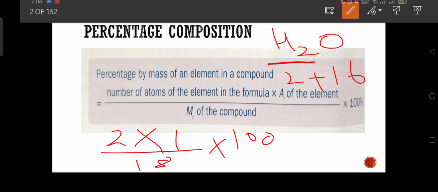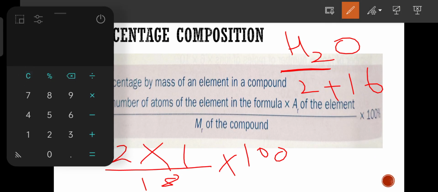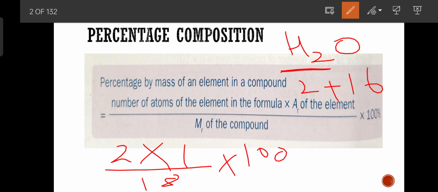And what is the MR of the compound? Molecular mass: 2 plus 16, it is 18. Multiply it by 100. Now you will do the calculations. 2 multiplied by 1 is equal to 2. 2 divided by 18, multiplied by 100, and the answer is 11.1%. Clear?